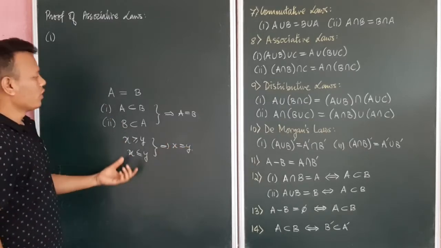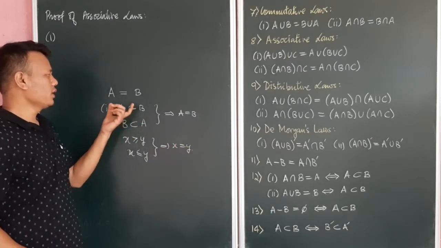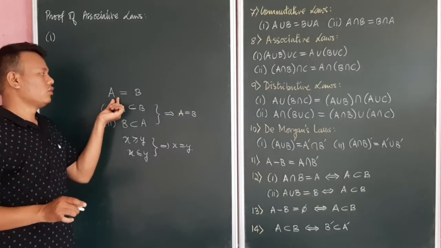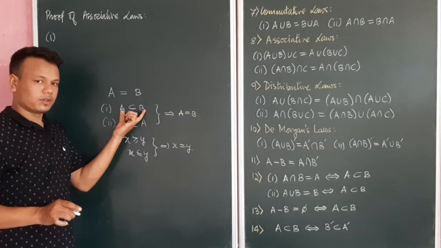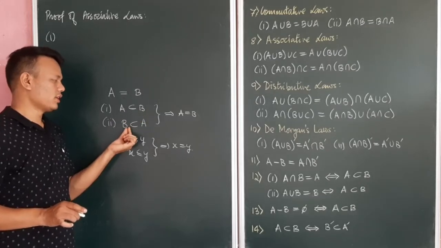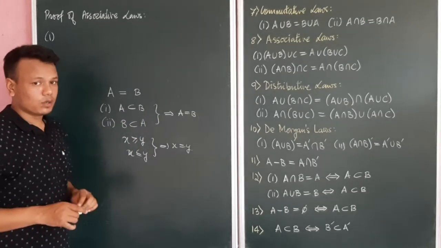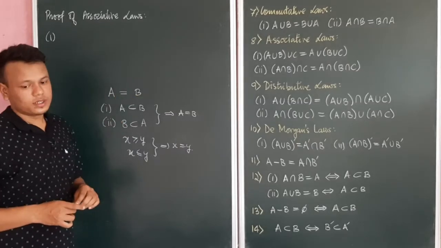Alright, so our strategy here will be, in order to show that the 2 sets are equal, we will show that one, A is a subset of B, and we will show the other one, that is B is a subset of A. This is how we show that 2 sets are equal.